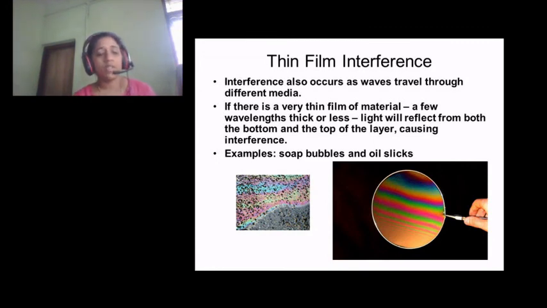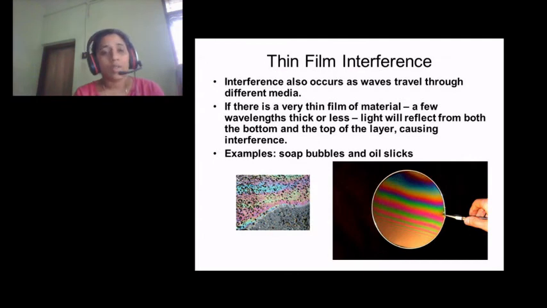The colors we see when sunlight illuminates a soap bubble or an oil patch are caused by this interference of light waves reflected from the upper and lower surfaces of the thin transparent soap film or oil film. The thickness of the soap film or oil film is typically of the order of magnitude of the wavelength of the visible light.